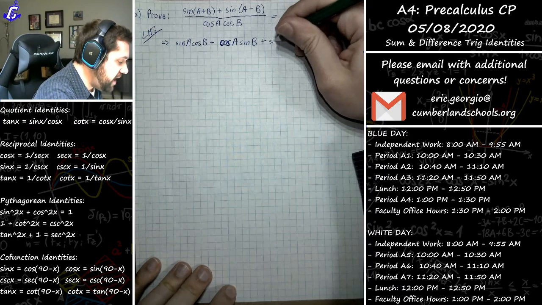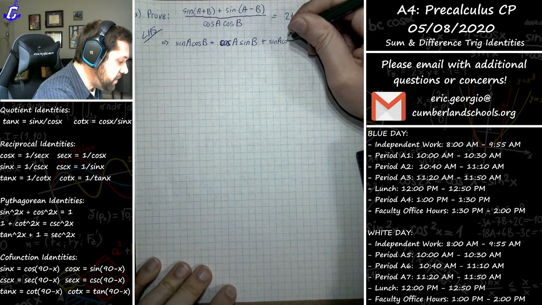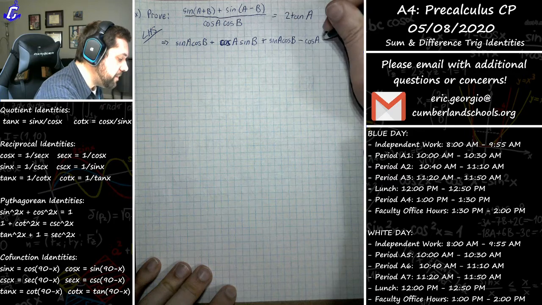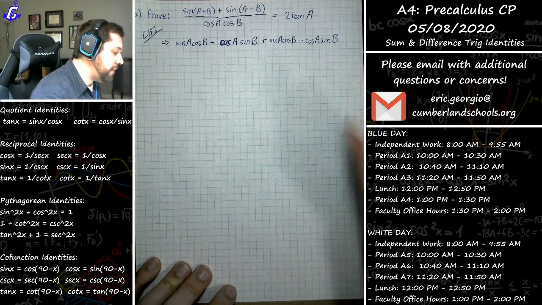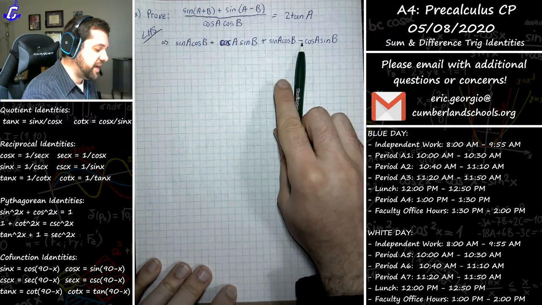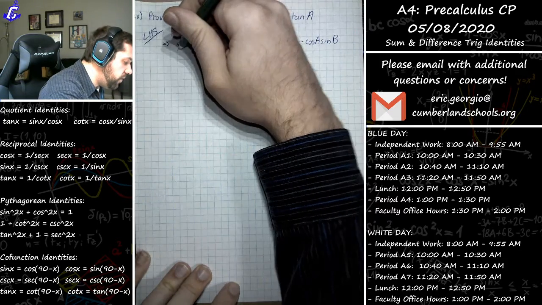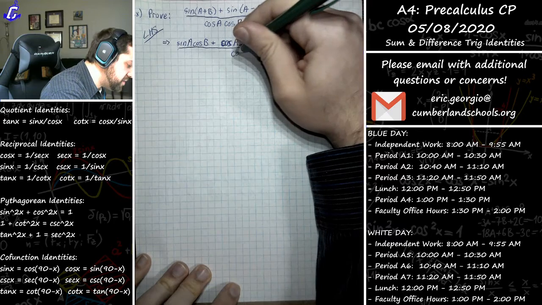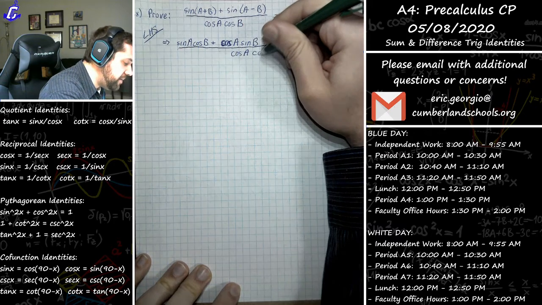That's going to be sine a cosine b minus cosine of a sine b. Remember, the reason why it's a minus is because the sign of minus is going to stay exactly the same. And that whole big thing is all divided by cosine of a times cosine of b.